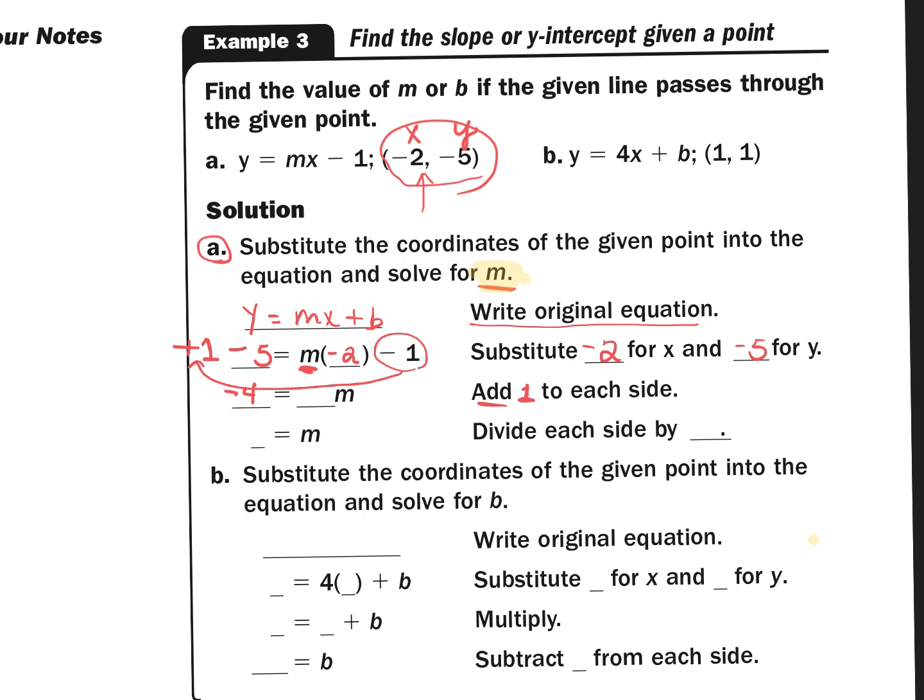And then we still have our -2m. -4 equals -2m. So we need to divide each side by -2 to get m by itself. So we're going to do that here. This cancels. M is by itself. -4 divided by -2 is +2. And this is your answer.